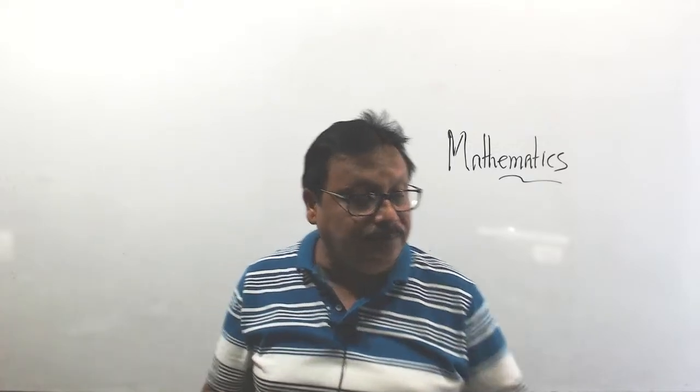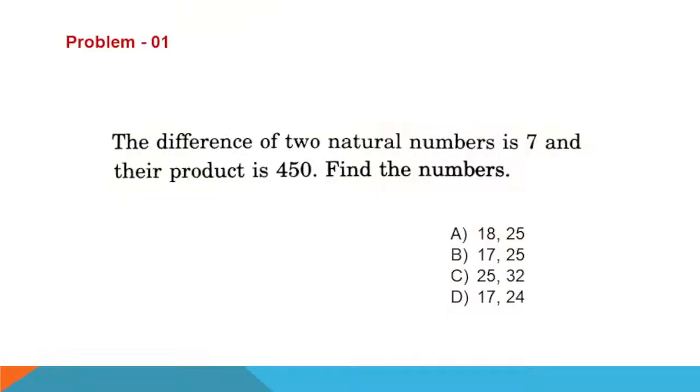So first, what is the given story: difference of two natural numbers. Two natural numbers. Natural numbers start from 1. If you consider the two natural numbers x and y, two algebraic numbers, and the difference is 7.